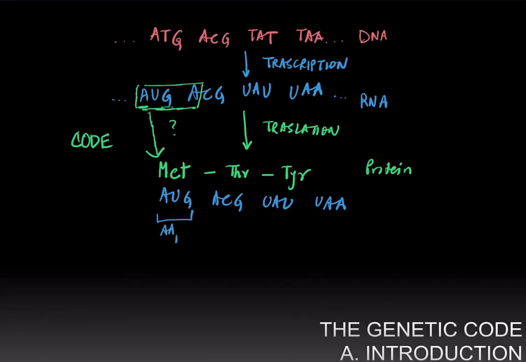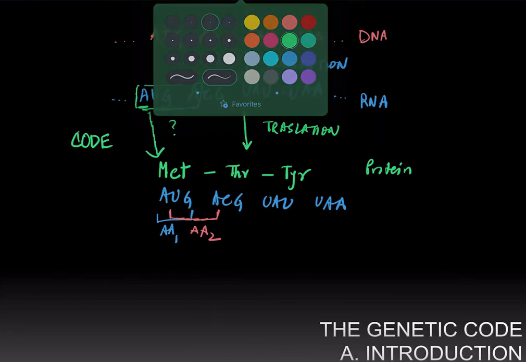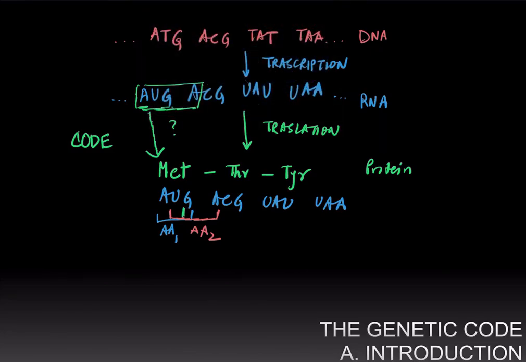So that's amino acid 1. And then the second amino acid would be read by an overlapping set of bases, UGA. And the third amino acid would be read by GAC, and so on and so forth, so that one amino acid and the next share two bases, and the next amino acid is read by just shifting the frame by one base to the right.